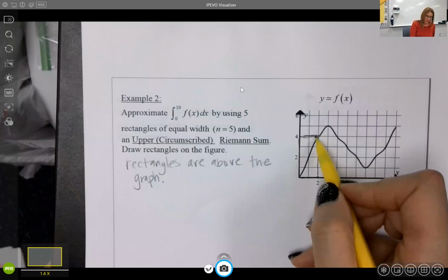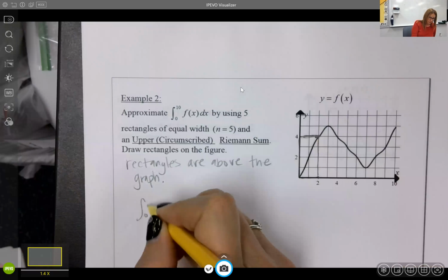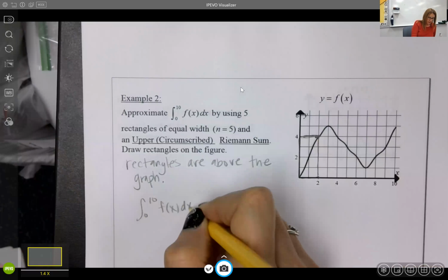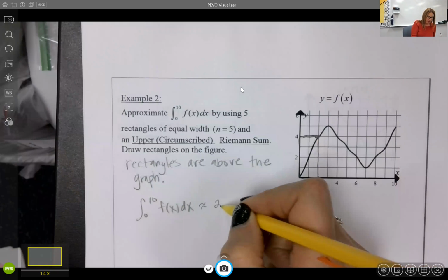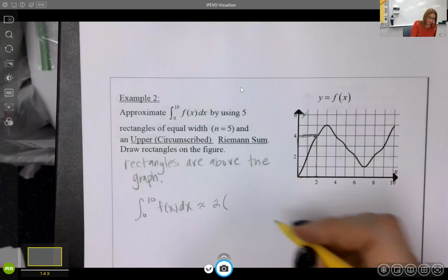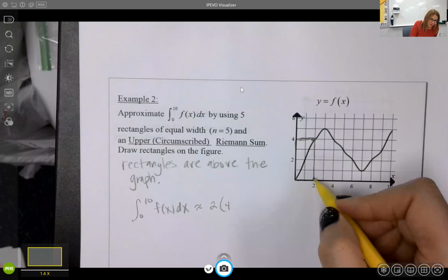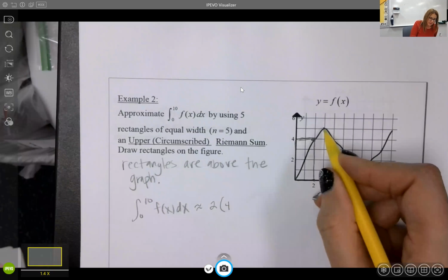So my first one, now we already learned, remember, that I can write the 2 and then the parentheses. This one has a height of 4. Okay, the next one, in this interval, this is the highest, and that's 5.